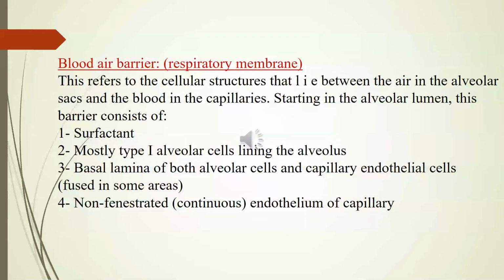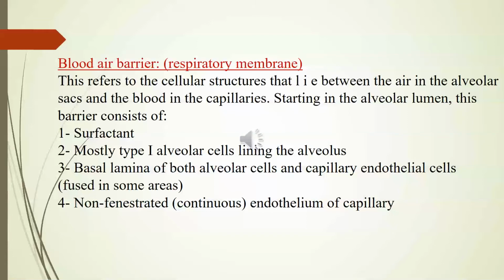The blood-air barrier refers to the cellular structure that lies between air in the alveolar sac and the blood in the capillaries. Starting from the alveolar lumen, the barrier is formed of surfactant lining the alveoli, type 1 alveolar cells, the basal lamina of both alveolar cells and capillary endothelial cells, and the non-fenestrated or continuous endothelium of the blood capillaries. So these are the layers between air in the alveoli and the blood in the continuous capillaries.